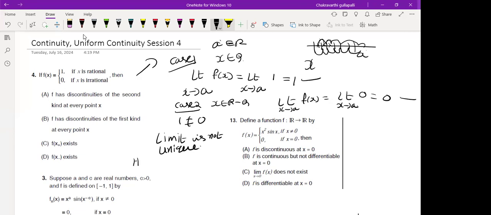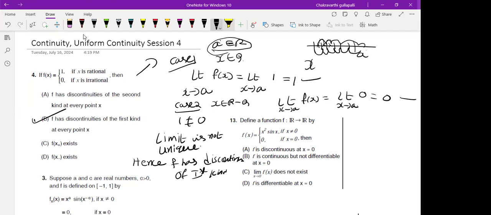Hence, f has discontinuity. Which type? LHL exists, RHL exists, finite. Jump discontinuity, or first kind. This is at what point? At every point, because whatever may be your A belonging to R, A may be rational, A may be irrational.